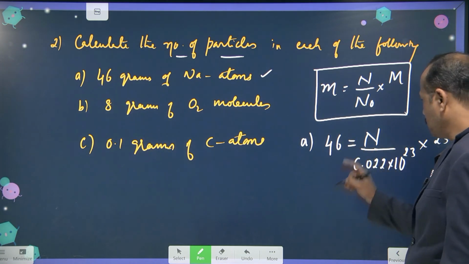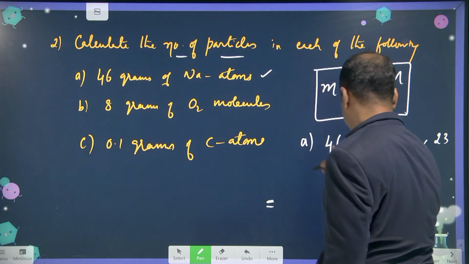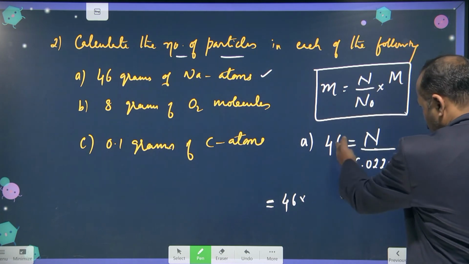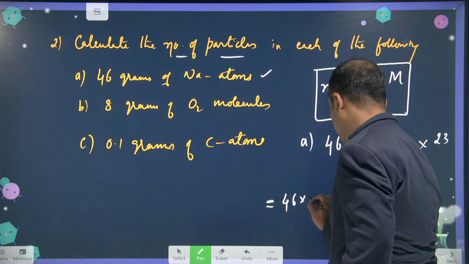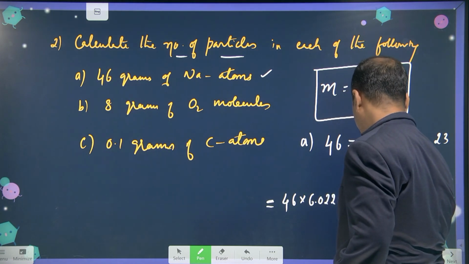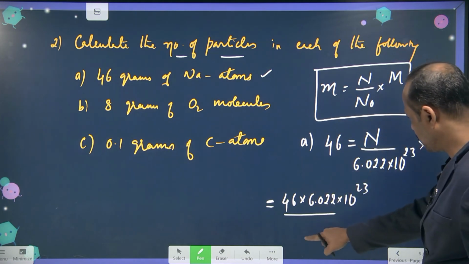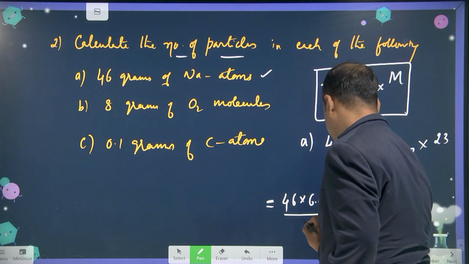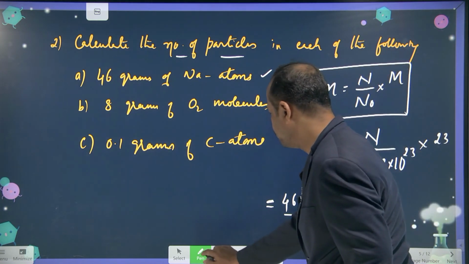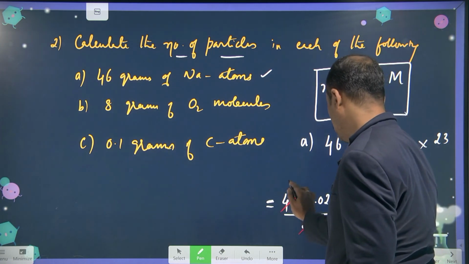Now keep N here, you bring all this to this side. So this is 46 into, now the denominator is going that side, so this becomes numerator, 6.022 into 10 to the power of 23, divided by 23. Now I'll cancel: 23 ones are 23, twos are 46.